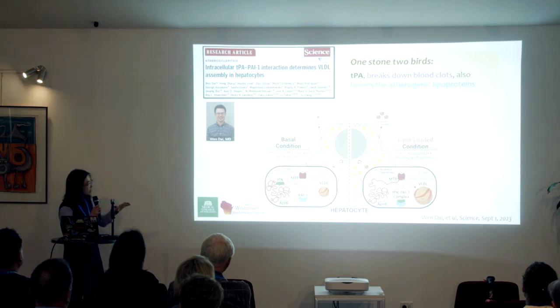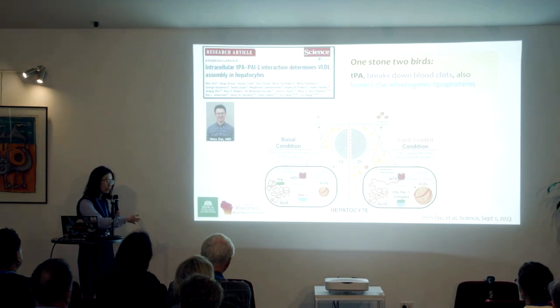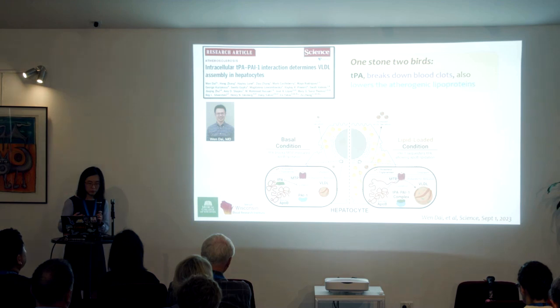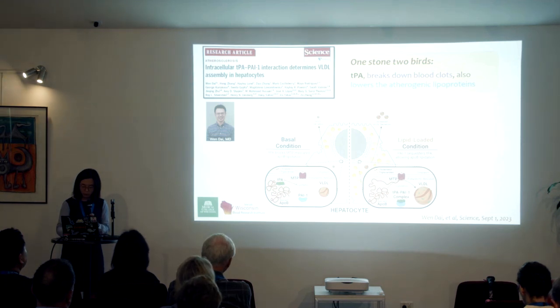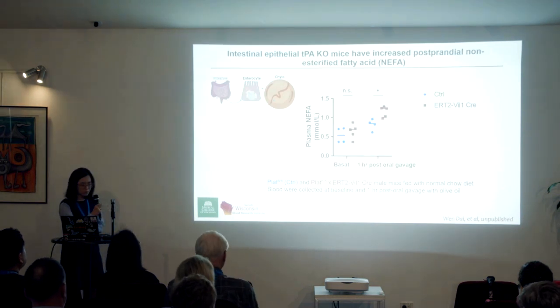But once the lipid is loaded into the hepatocyte, the PAI-1 can sequester TPA by forming a complex and release the N-terminus of ApoB, making it accessible for the MTP to shuffle lipids onto the nascent ApoB to start forming the VLDL particles. This study was led by Dr. Wen Dai, who is an outstanding postdoctoral fellow and now research scientist in our lab. And he moved on after finishing the VLDL study.